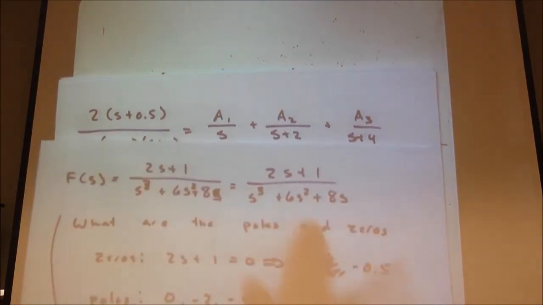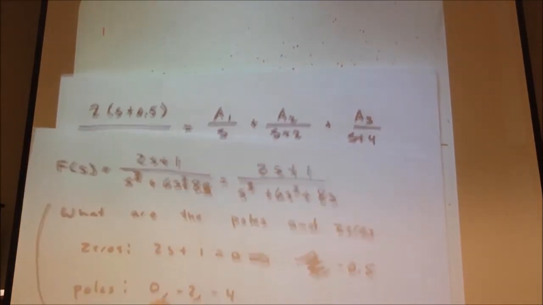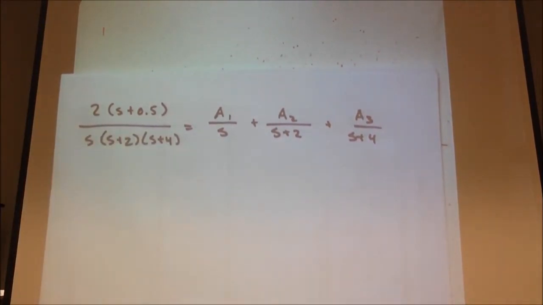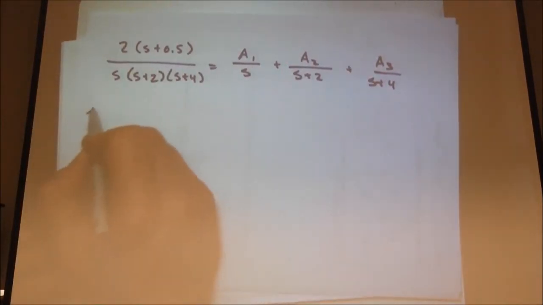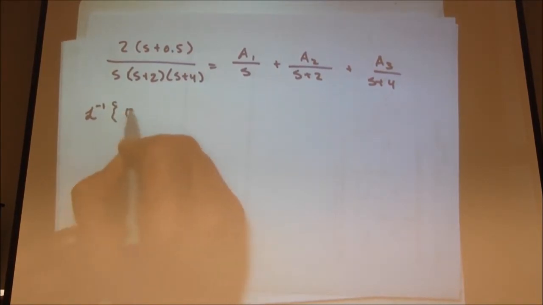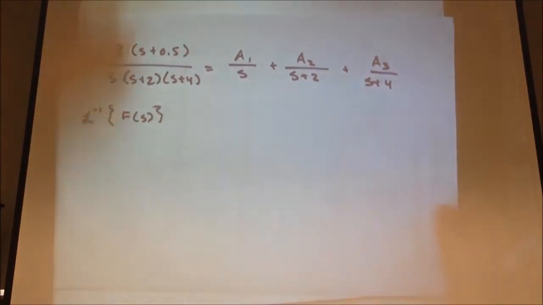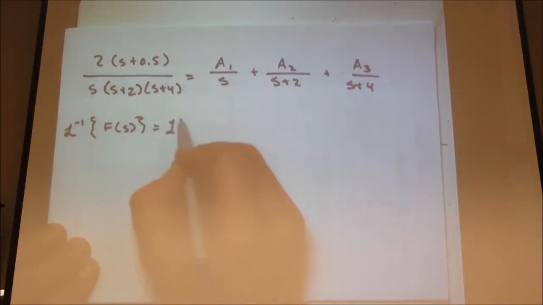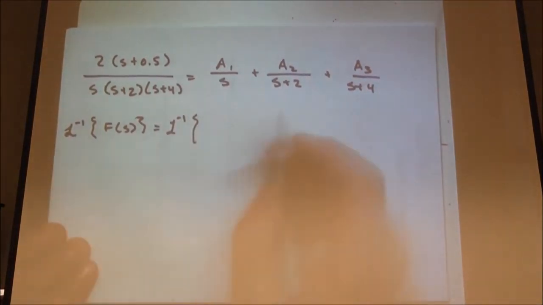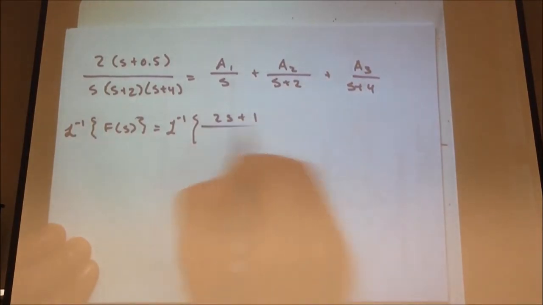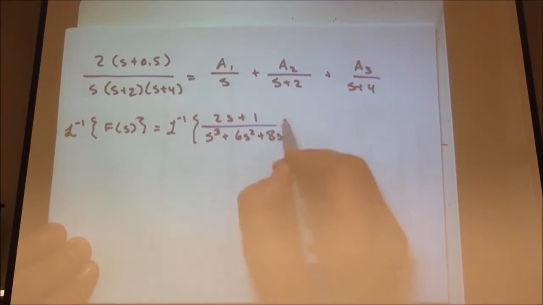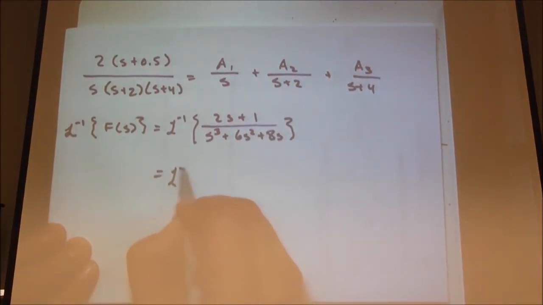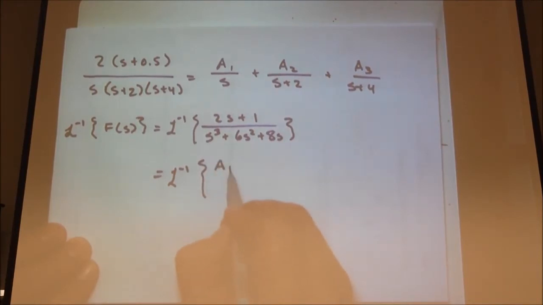if we have an expression that looks like this, and eventually we find our zeros and our poles, and we get this in a partial fraction expansion, arguably, I can take the inverse Laplace transform of this, so Laplace minus 1, f of s, equals, of course, the inverse Laplace transform of our original expression, just to write it out, 2s plus 1 over s cubed plus 6s squared plus 8s, which is the inverse Laplace transform of this partial fraction expansion.